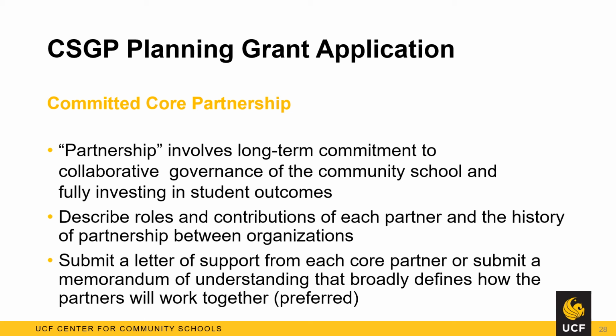Additionally, you should also include what each organization anticipates bringing to the partnership. Please also include a letter of support from each organization that demonstrates their commitment to the long-term partnership. If there is an existing MOU or a draft of an MOU between the organizations, please include that information as well.